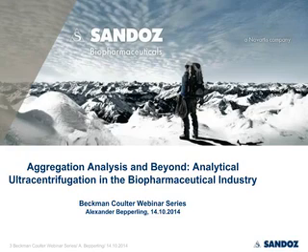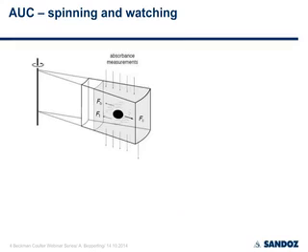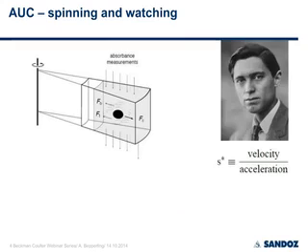Okay, just a brief introduction. In AUC, you are basically spinning a sample and watching it. And it is all based on the pioneering work of Theodor Svedberg, who made a rather significant discovery about migrating objects in gravity fields about 90 years ago. And what he found out is that the velocity of a particle divided by the acceleration it experiences is constant.